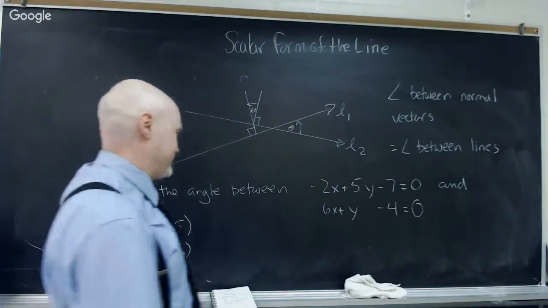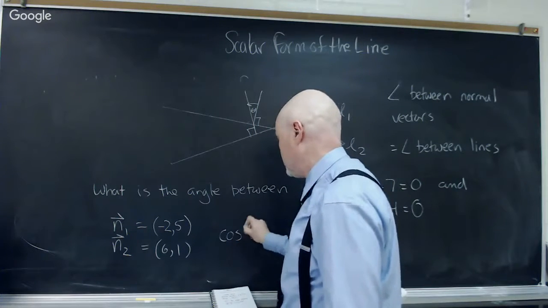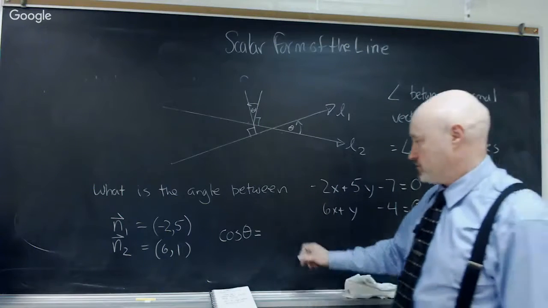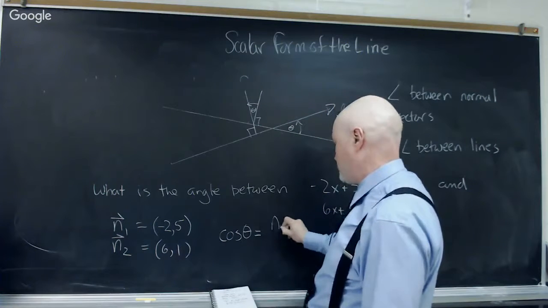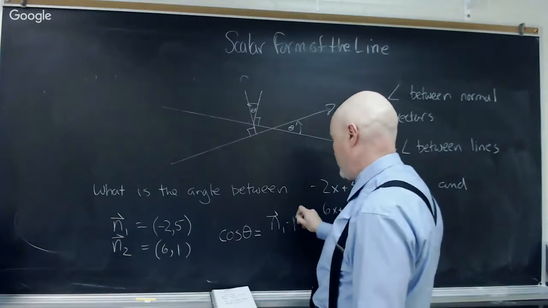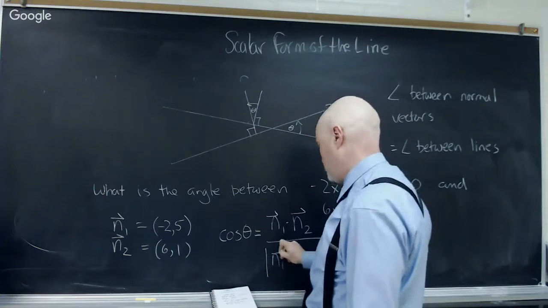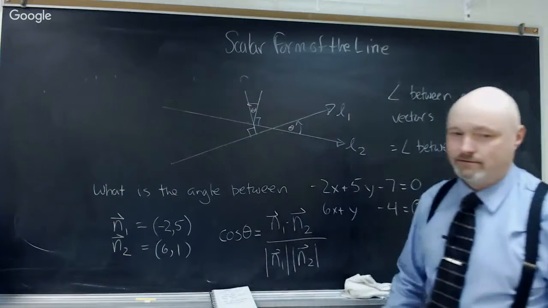So the cosine of theta is equal to N1 dot N2 over the magnitude of both of them. Yes, perfect.